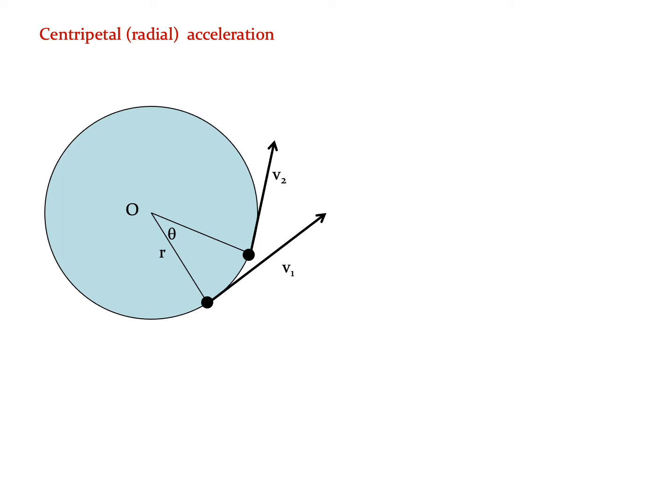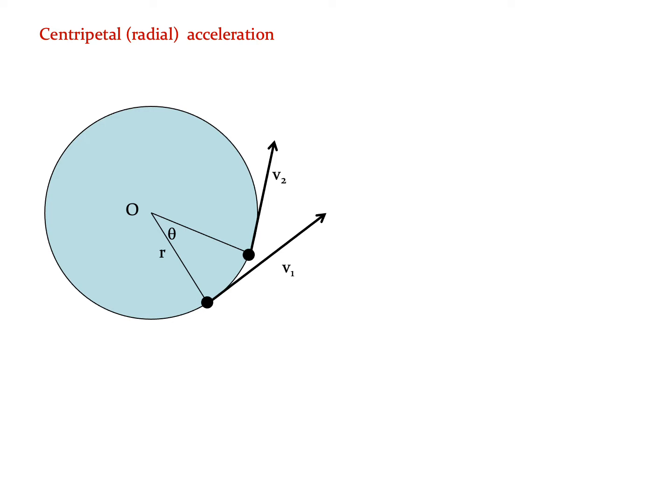Now v1 and v2 will have the same magnitude because the circular motion is uniform. So the angular velocity remains constant, and so does the linear velocity in terms of its magnitude. Of course, the big difference between v1 and v2 is that they have different directions, and we're going to focus on that right now.